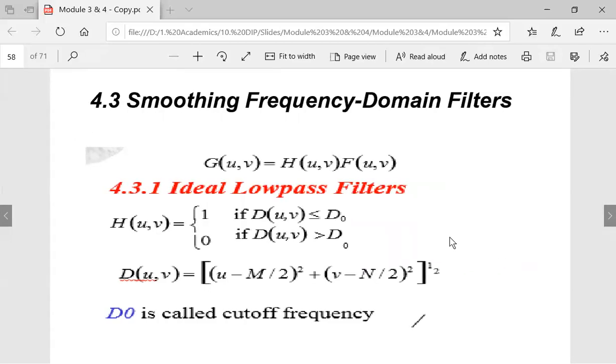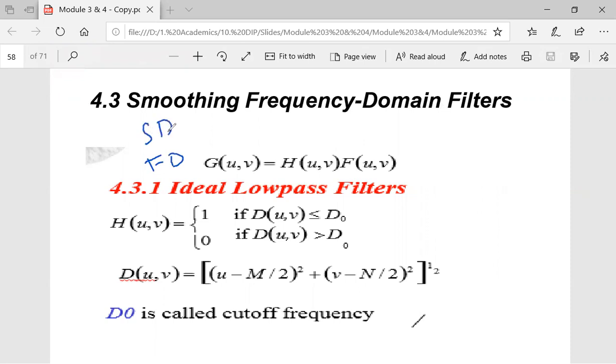Okay, so smoothing in the frequency domain has the equation G(u,v) = H(u,v) F(u,v). Let me write it compared to the spatial domain. This is the frequency domain.